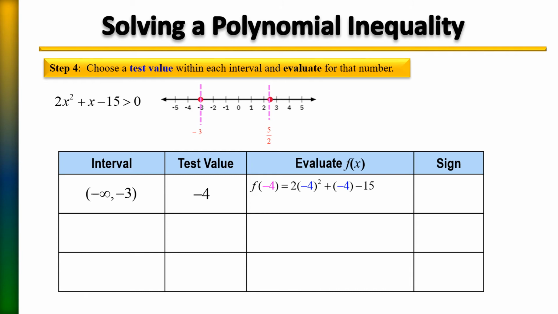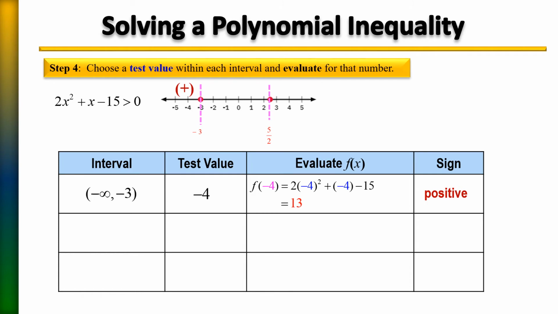In this case, f of -4 equals 13, and it gave us a positive sign. So we can conclude that for that interval from -infinity to -3, all the values within that region are positive in terms of their sign.